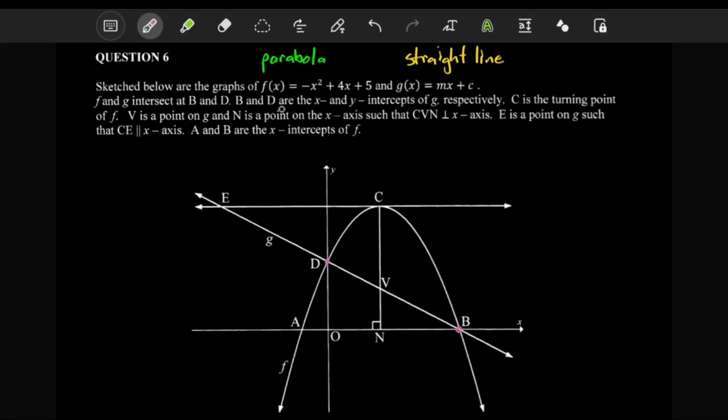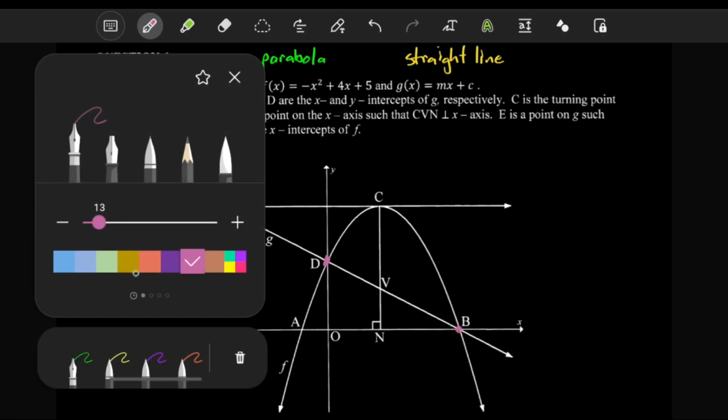So here they then said that B and D are the x and y intercepts of g respectively, and yes, this g is a straight line. There is its y intercept there, and there is the x intercept. And then it says C is the turning point of f, and yes, we can confirm it on our sketch.